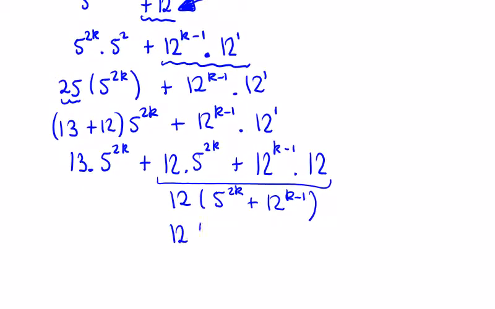So that's 12 times 13 times a number, which is also 13 times the number times 12. And I also have 13 by 5 to the power of 2k.